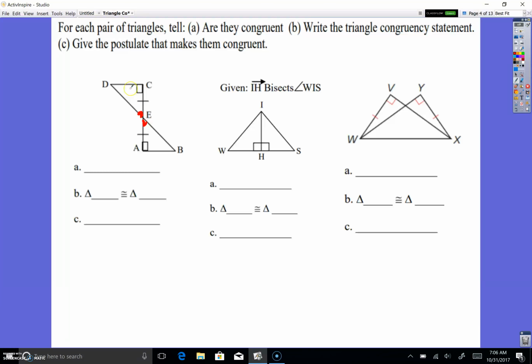So I can say that they are congruent. ECD is congruent to EAB. Why? I have angle, side, angle.